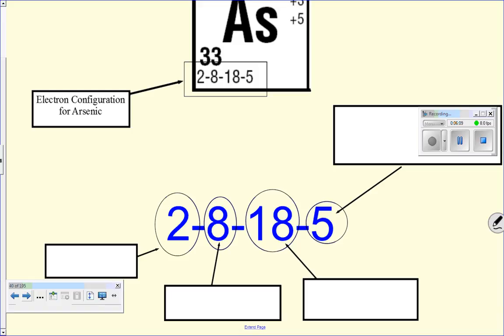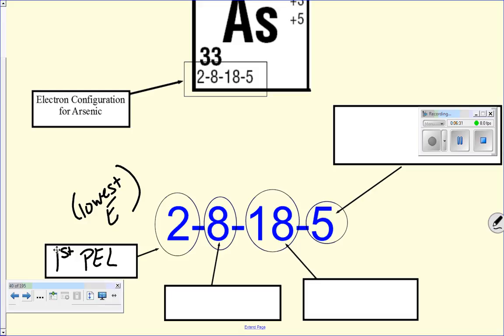So in my Bohr configuration for arsenic, I have a first principal energy level, and remember that's going to be the lowest energy, and that's got 2 electrons in it. Take a minute and look around on the periodic table, and you're going to notice that no first principal energy level has more than 2 electrons in it.